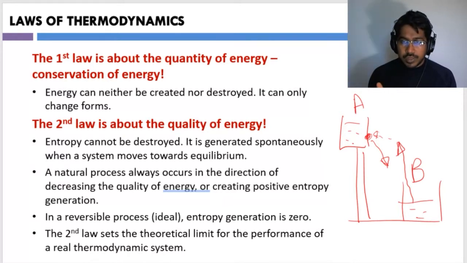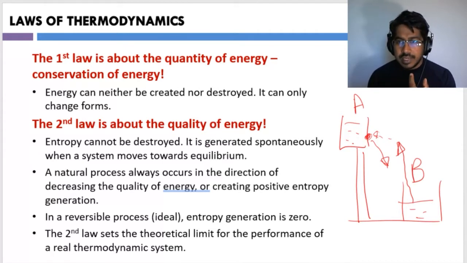Because we know the second law of thermodynamics. According to the first law, a 100% efficient IC engine is possible. But the second law says no, it's not possible, because it discusses the direction of energy and the theoretical limits of a process, theoretical efficiencies of a process.